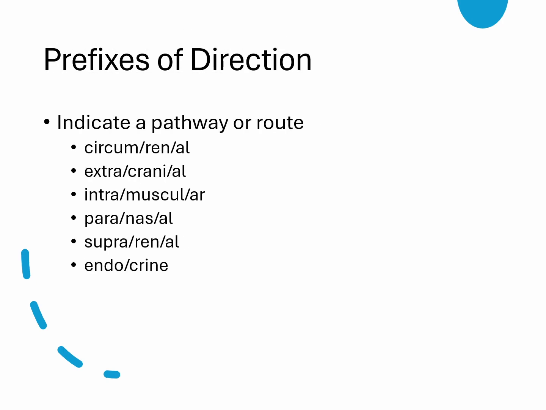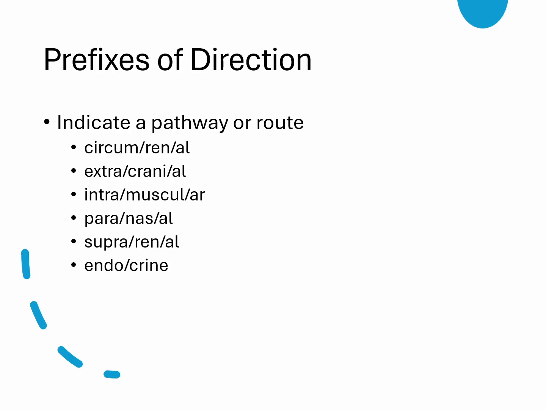Directional prefixes describe movement, path, or orientation. Circum or peri means around, extra means outside, intra means within, para means near or beside, supra means below, and trans or dia means across, and endo means within.